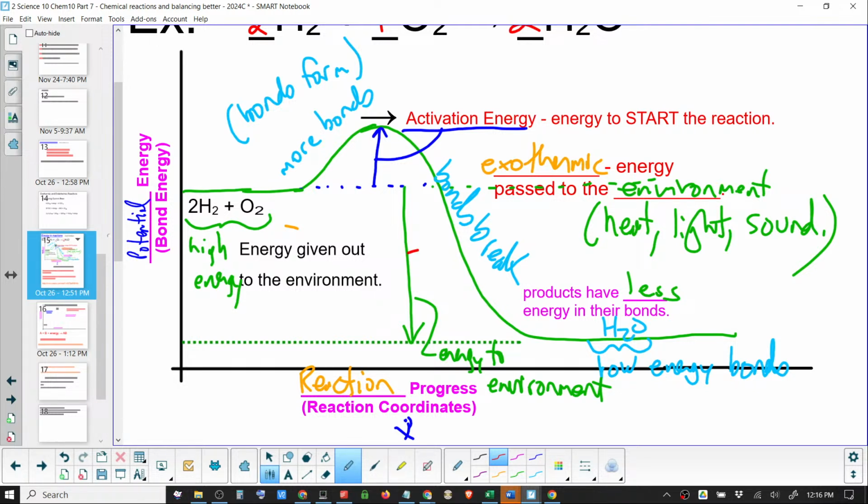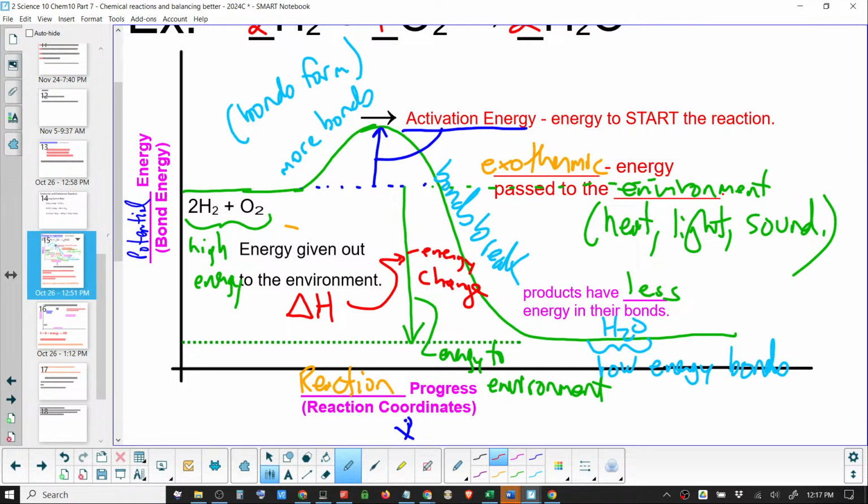This, the energy to the environment, the energy change, that is known as delta H. We write that in when we're doing it. It depends. I'm probably not going to ask you too much about delta H. It's something we do more of in Chem 11. But if you're aware of it now and you've seen it before, it helps you to talk about it, because then you can just say delta H instead of energy change.